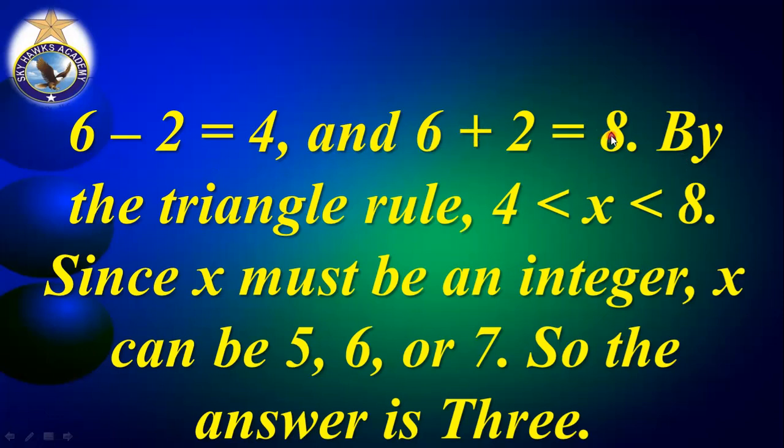So 8. By the triangle rules, x lies between 4 and 8. That should be, because there is a rule that the sum of the sides of a triangle is always greater than the length of the third side.